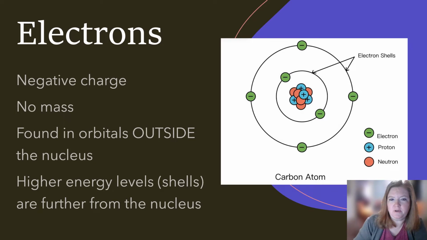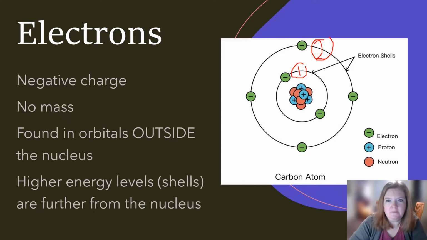So closest to the nucleus would be energy level number 1, further away, energy level number 2, and so on. These electrons in energy level number 1 have less energy than the electrons in energy level number 2. Okay, and electrons are moving rapidly in orbitals outside the nucleus.